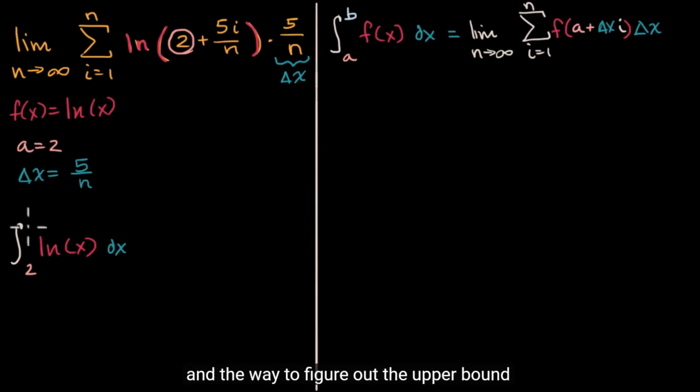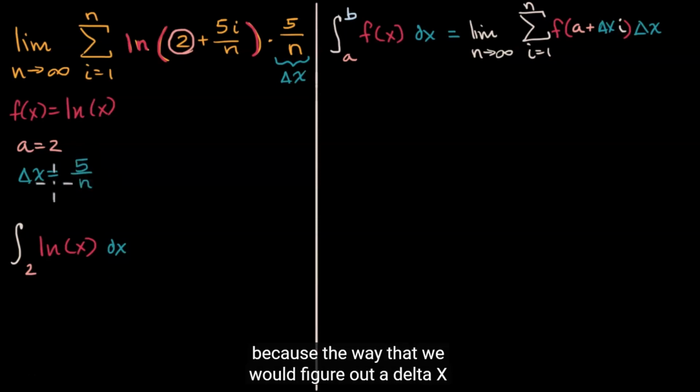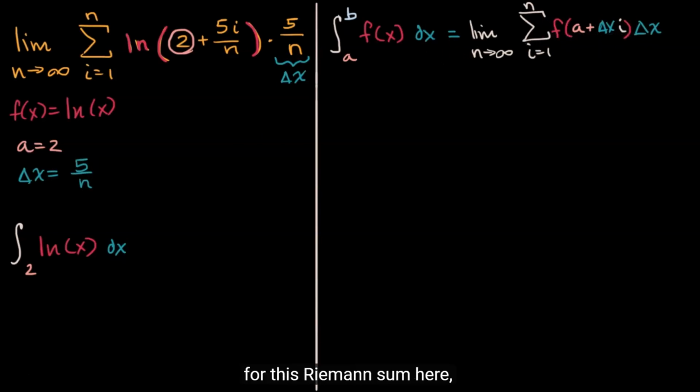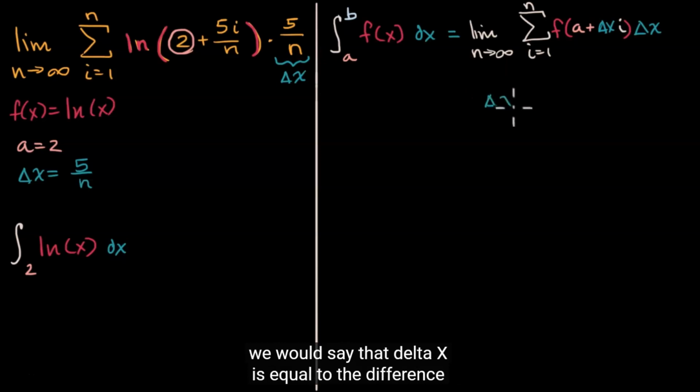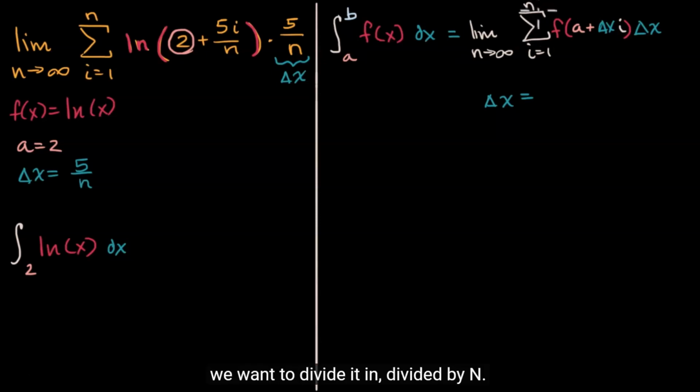So in order to complete writing this definite integral, I need to be able to write the upper bound. And the way to figure out the upper bound is by looking at our delta x. Because the way that we would figure out a delta x for this Riemann sum here, we would say that delta x is equal to the difference between our bounds divided by how many sections we want to divide it in, divided by n. So it's equal to b minus a over n.